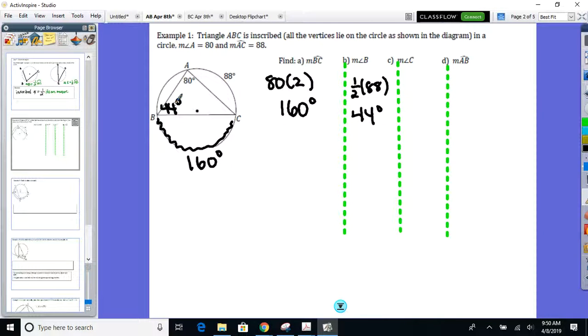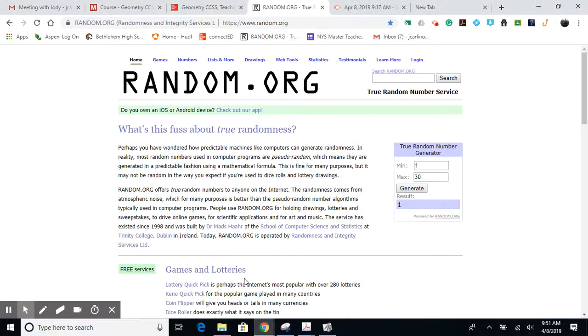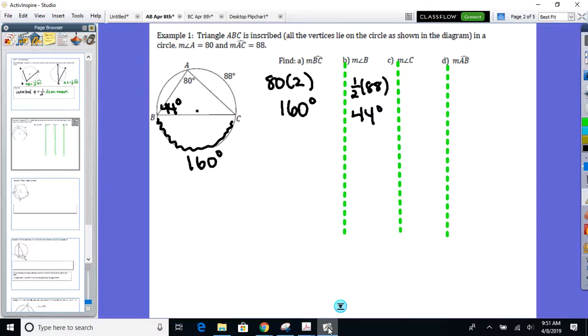Everyone all good? What about angle C? It's drawn to an arc I do not know. But you don't need circle facts all the time. What's a clean, easy way to find angle C? I thought this was going to be pretty clean.